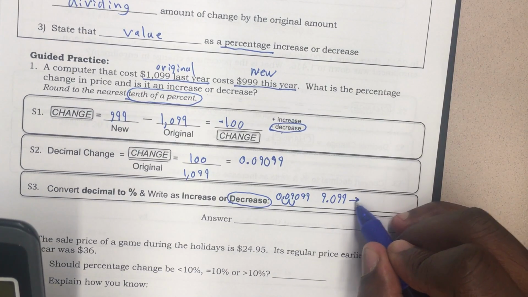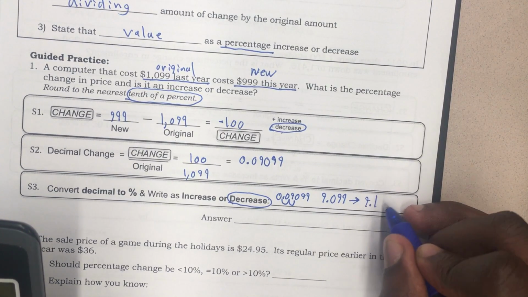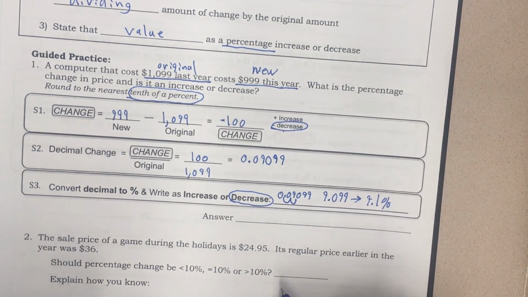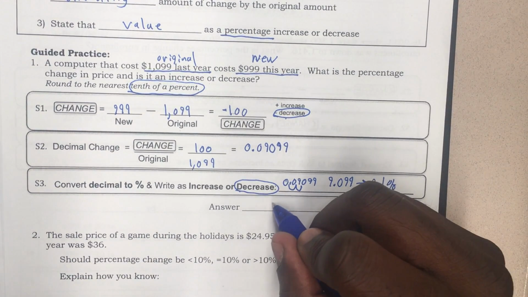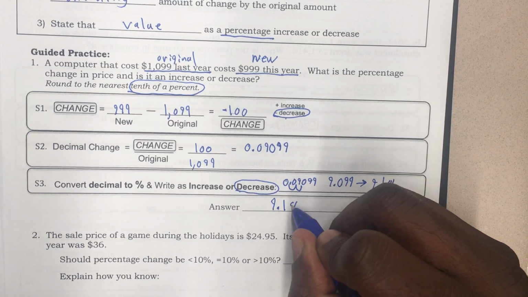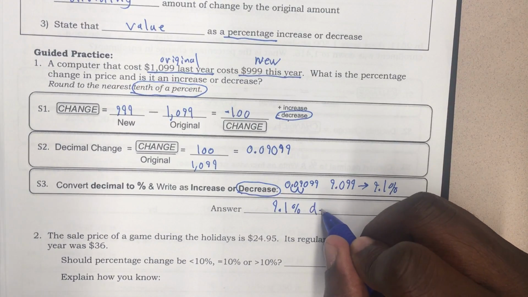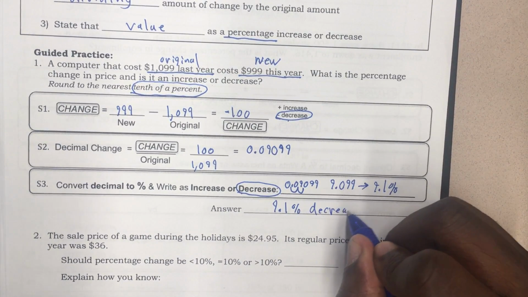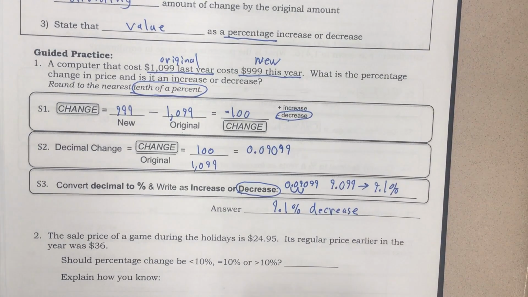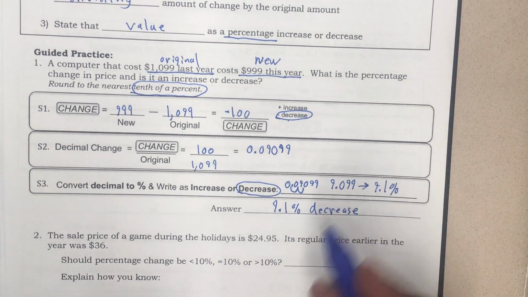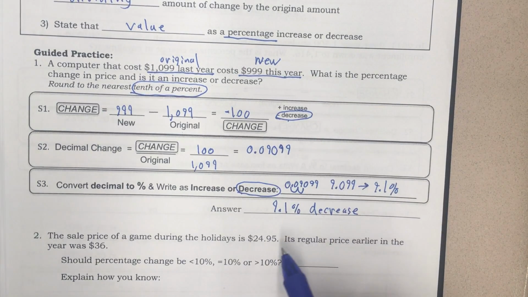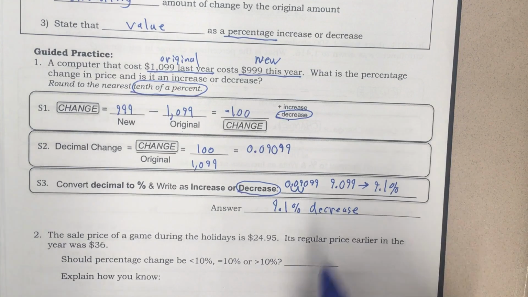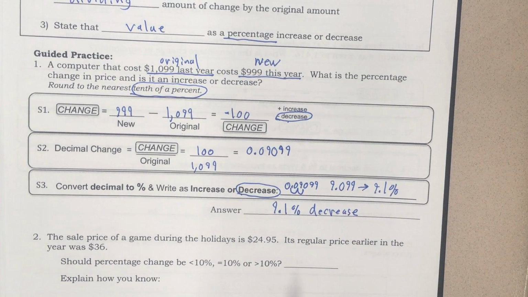So I know that's going to be equal to 9.1%. So my final answer, in order for me to be 100% correct, I must put that it's 9.1% decrease. If I don't put that decrease there, I'm actually off by 18.2%, because going up 9.1, I'm skipping it down to 9.1 that I should have gone. 9.1, the decrease must be there for this to be correct.